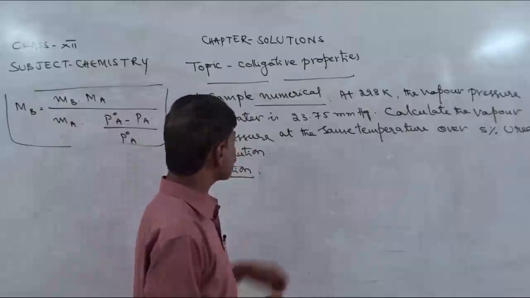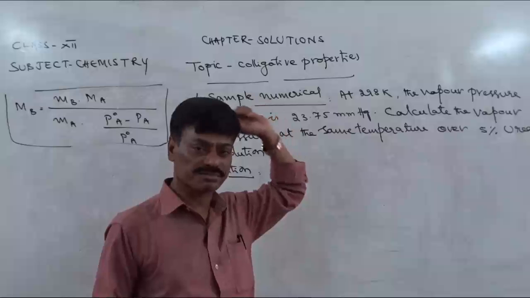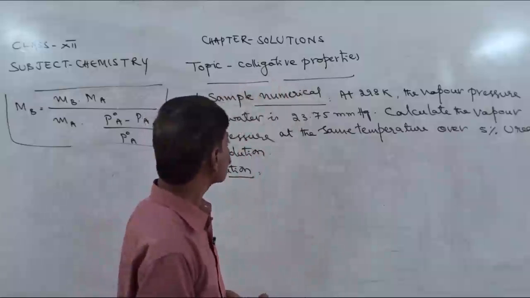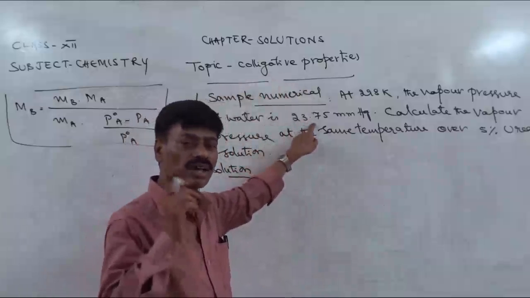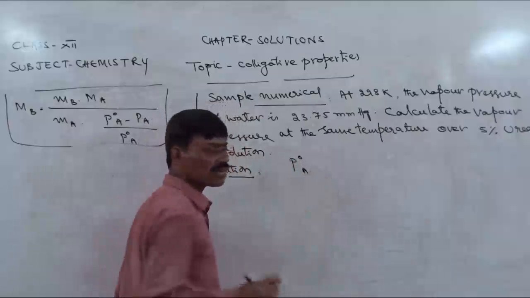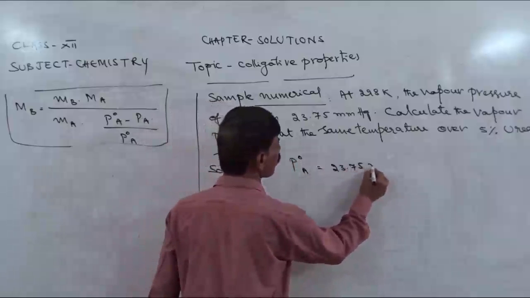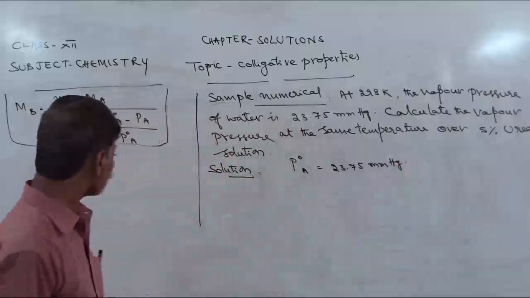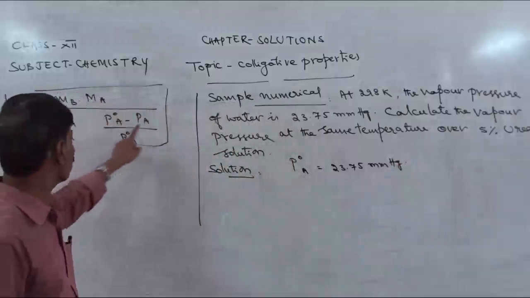Vapor pressure of pure solvent, that is water, is given at this temperature and at the same temperature urea is dissolved in the water. So at 298 Kelvin the vapor pressure of water is this much. Here water is pure solvent. Therefore P naught A, that is vapor pressure of pure solvent, is equal to 23.75 millimeters of mercury. So in this formula P naught A is known to us and PA is not known.